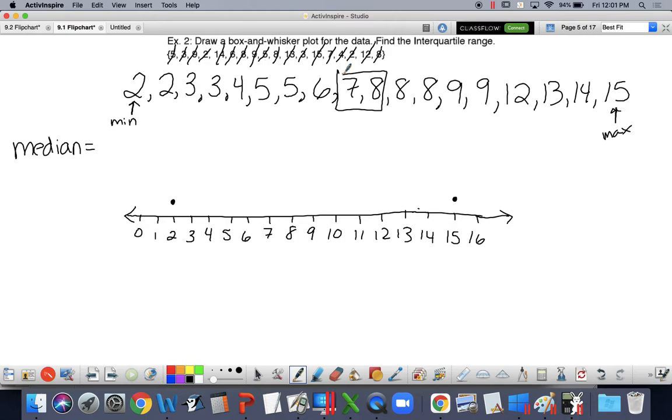So when you do that, that means you don't have just one number in the middle. At this point, we have 2 numbers in the middle. So I have to take the average, or the mean, of these 2 things, 7.5. So that is going to be the middle point of my box here. So instead of drawing a point, I'm going to draw a line segment at 7.5.